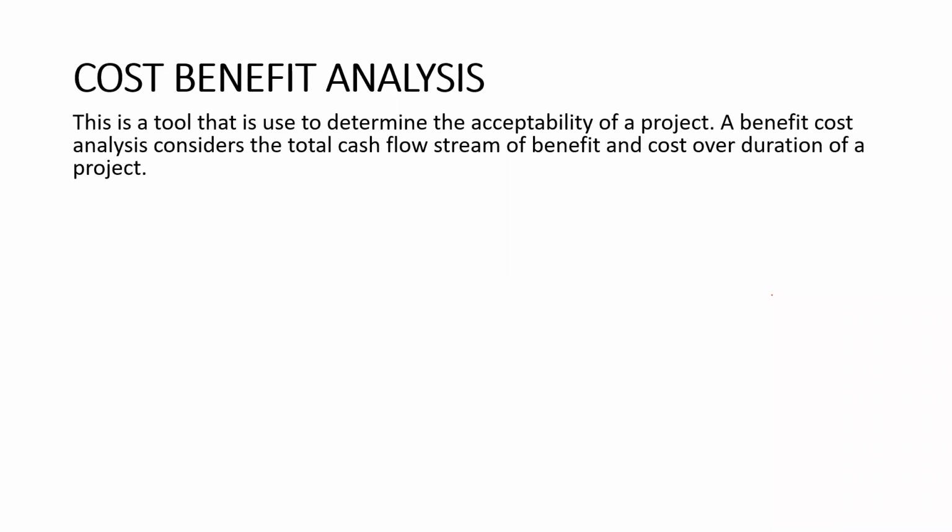In a way, cost benefit analysis looks at the inflow and the outflow, more like the total cash flow stream. Remember when we did IRR, I said it is used to check if a project should be accepted or not. When we did NPV, same thing. Now for cost benefit analysis, it is also the same.